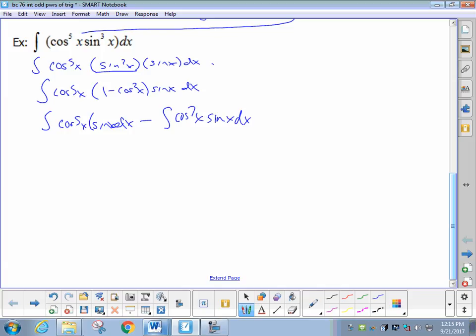So this is a case where you'd like a negative and you bring in a negative. So the antiderivative of that first one is negative 1/6 cosine to the 6th. Okay. What about the next one? Let's do 1/8 cosine to the 8th. Okay.